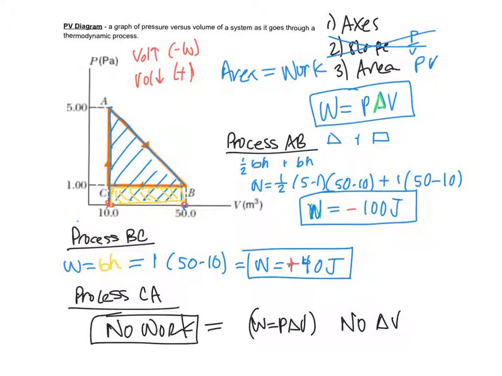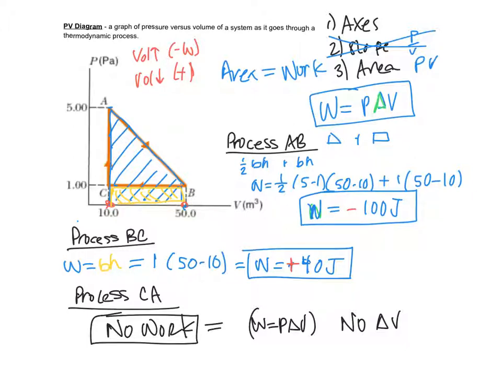All right, besides being able to just look at whether the volume is increasing, the other way that you can tell if you're going to have positive or negative work is by looking at the direction of the arrows. The arrow shows you what direction the process is going. Directly up would be process C to A, so there's no work.